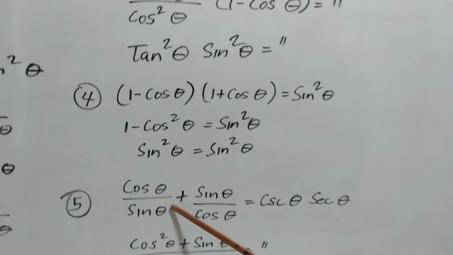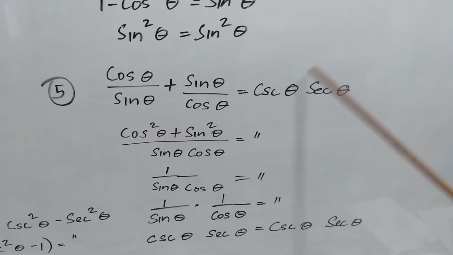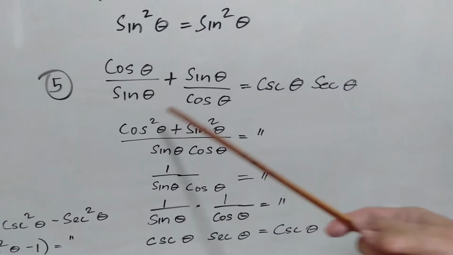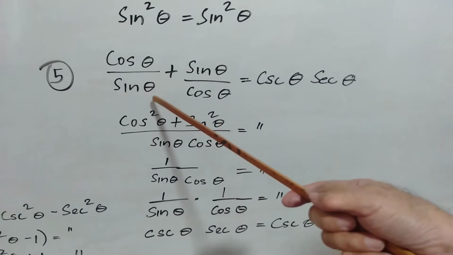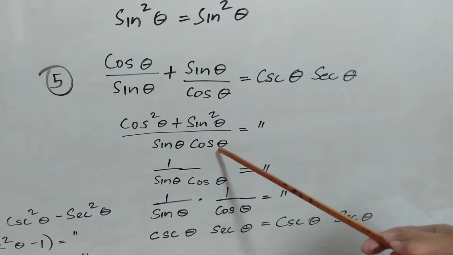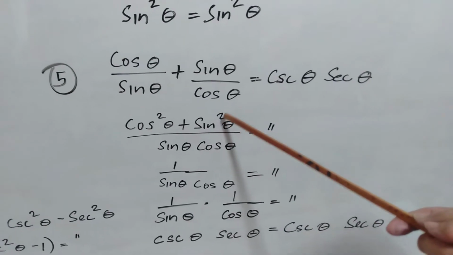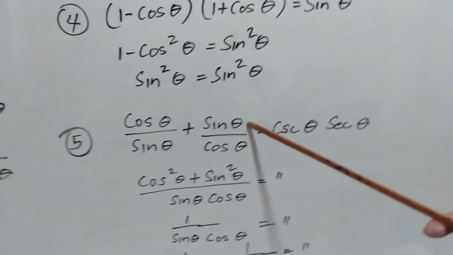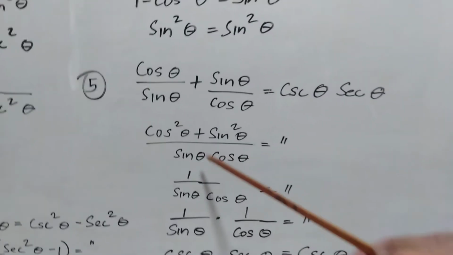For our last problem, cosine theta over sine theta plus sine theta over cosine theta should be equal to cosecant theta secant theta. Getting the LCD, which is these two functions here, sine theta times cosine theta. So this one becomes cosine squared theta, and this one becomes sine squared theta over the function sine theta times cosine theta.